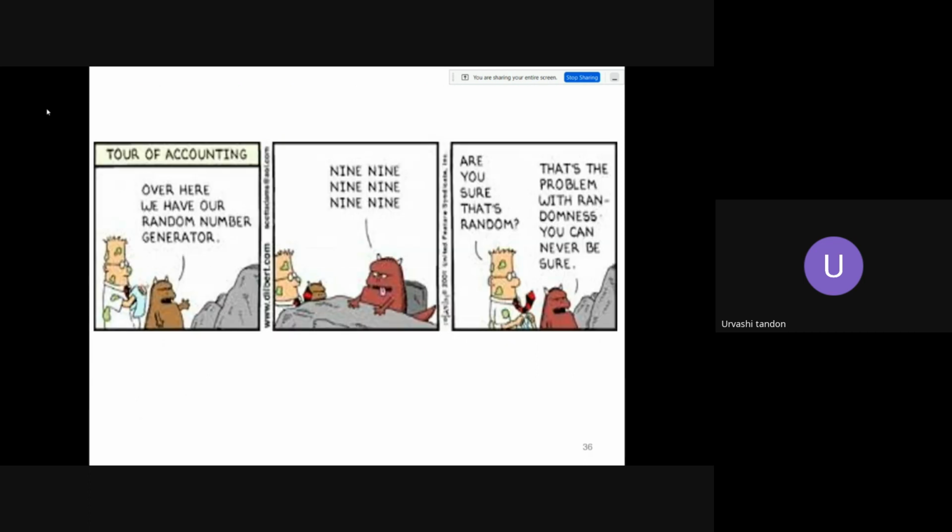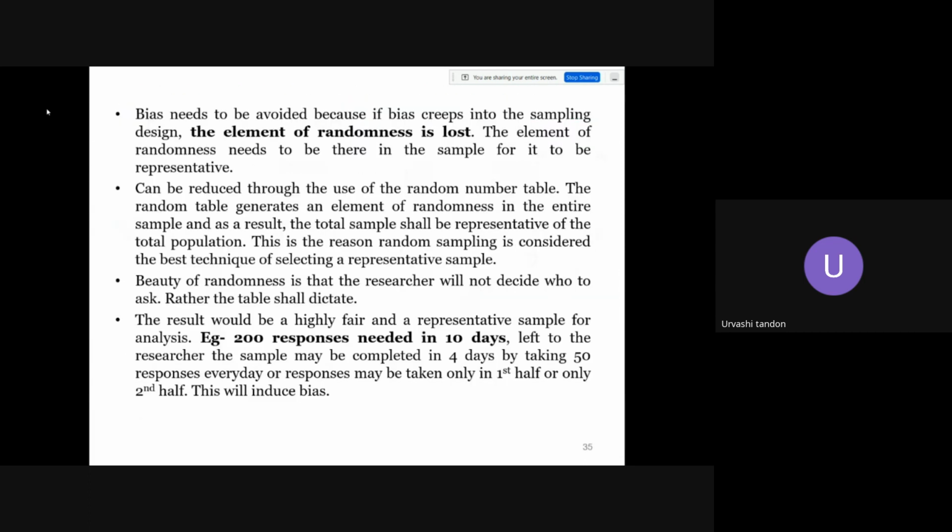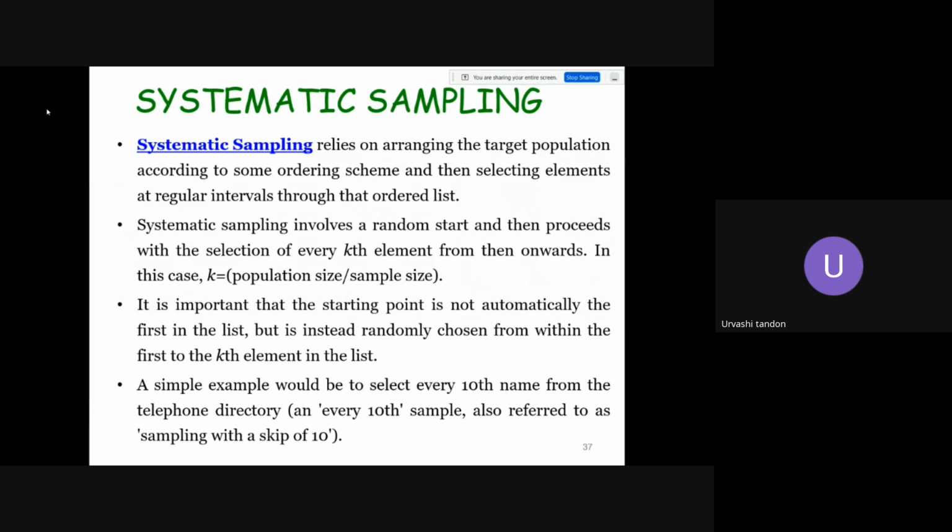So this was your simple random sampling. We go now to systematic sampling. Now, what is systematic sampling? Systematic sampling relies on arranging the target population according to some ordering scheme. Let's say, in very simple language, you have a list of, let's say, 500 people, right?